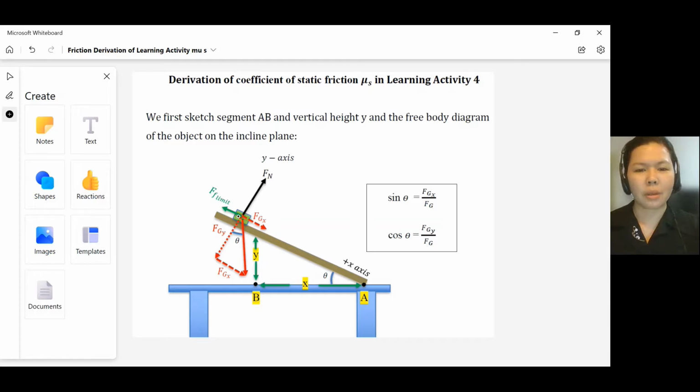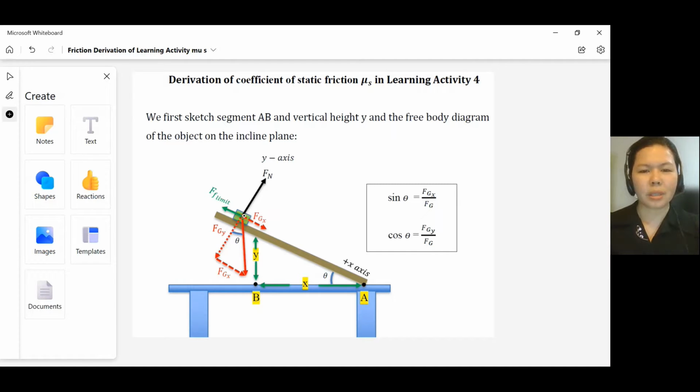Here we have plus x as going down the incline, negative x is up the incline, perpendicular to the incline is plus y, and opposite to that is negative y.